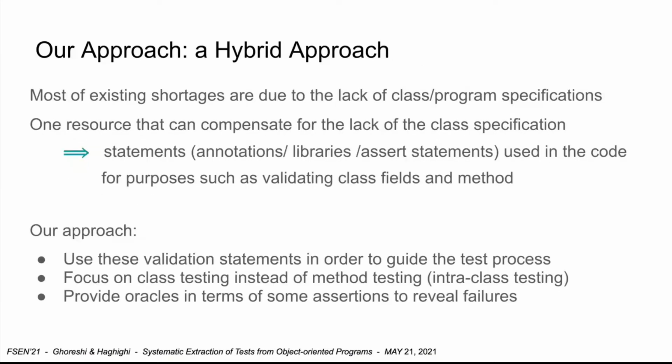Our approach defines a hybrid approach. Most of the existing shortages are due to the lack of class or program specification, as mentioned. One resource that can compensate for the lack of class specification is statements in the form of annotation libraries and assert statements used in the code for purposes such as validating class fields and methods.